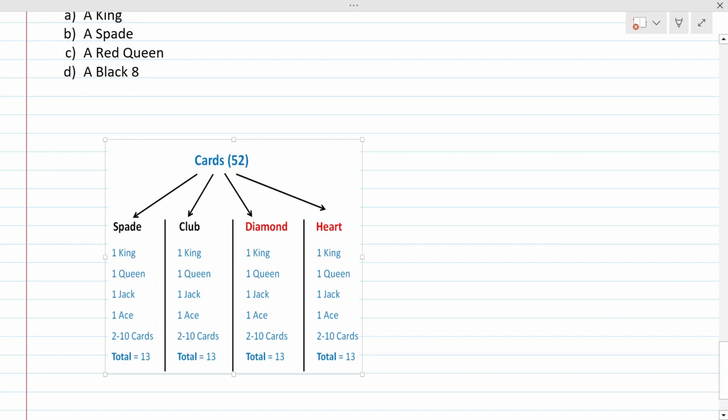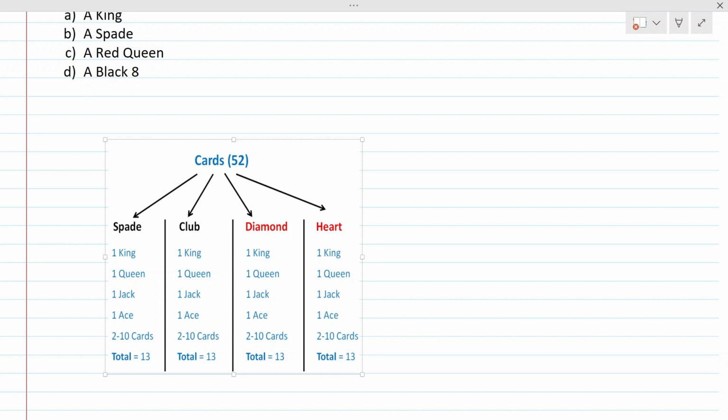And in each suit, we have one king, one queen, one jack, one ace and the numbered cards from 2 to 10. In that, we call some as face cards. Face cards means king, queen and jack. These 3 cards in each suit are called face cards. They have faces, no? King, queen, all that.